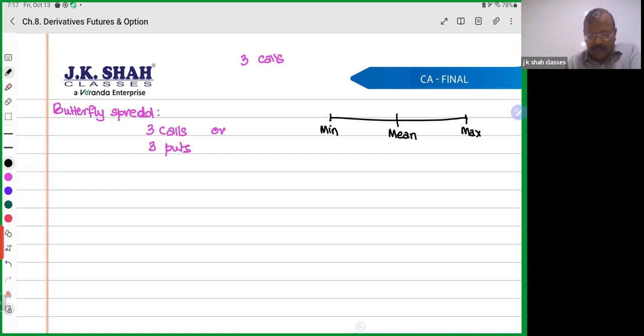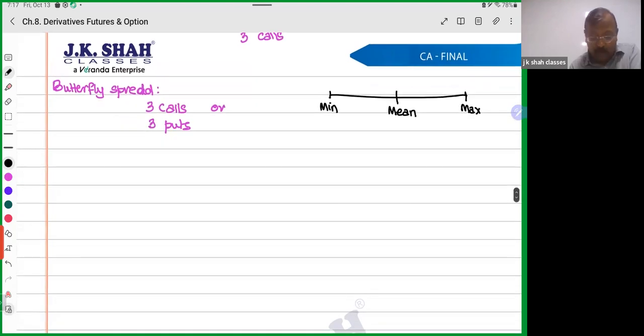Now, maybe I could do a couple of combinations, meaning I could do a long call with a minimum strike price, and a long call with a maximum strike price. Now understand, I've got two long call positions, one at the minimum strike price, one at the maximum strike price.